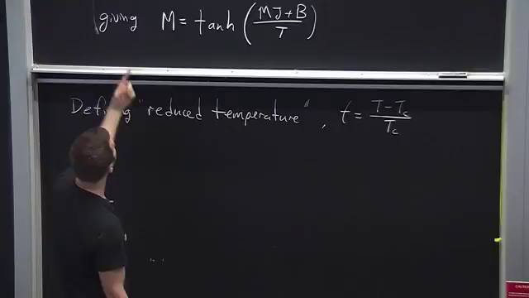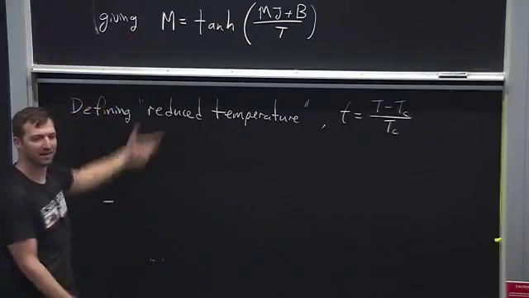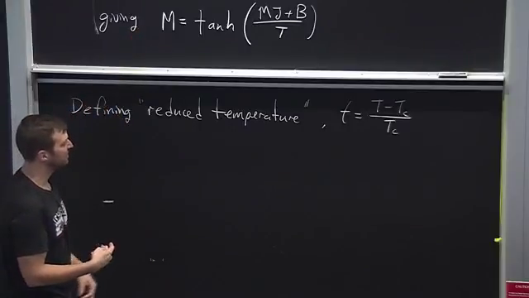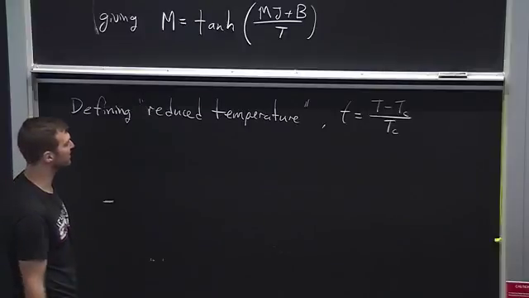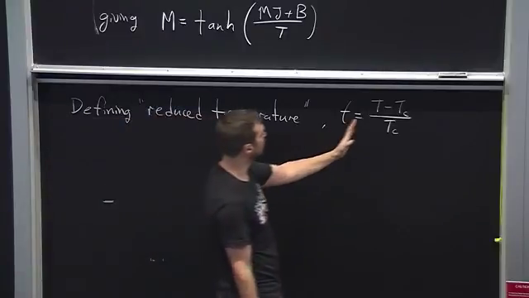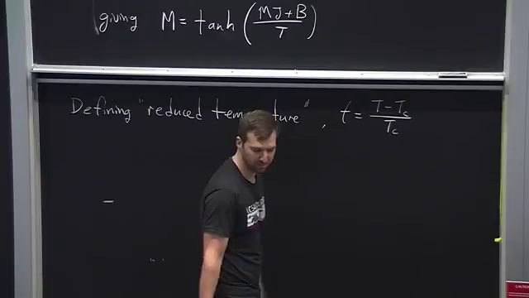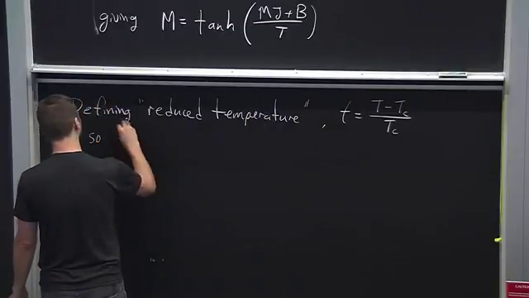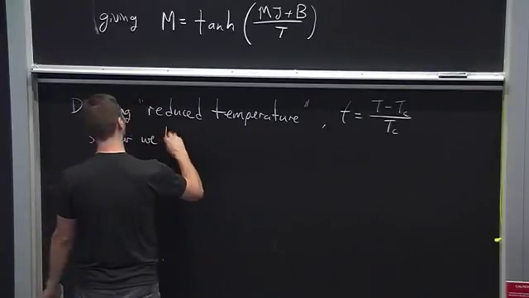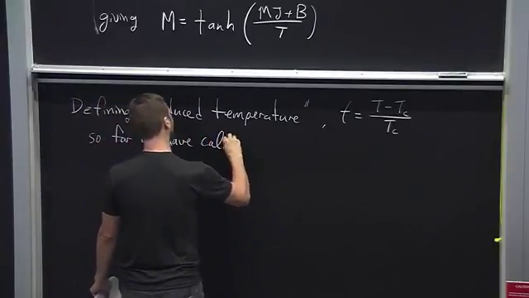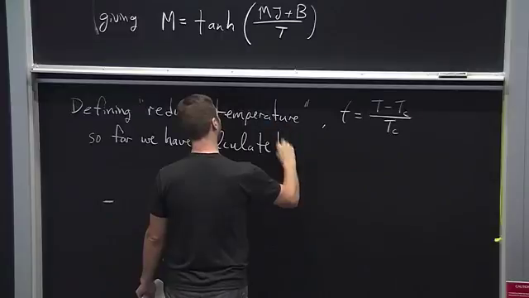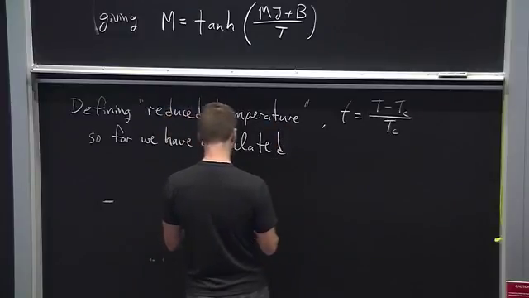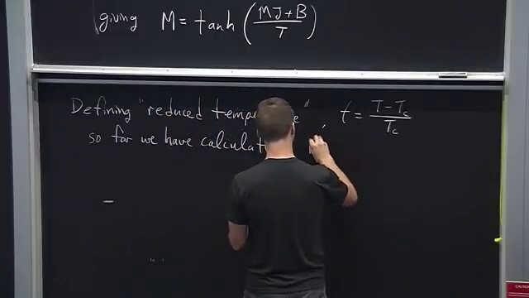It depends on the specific Hamiltonian, how you connect the spins, in a lattice or whatever it is. But the reduced temperature is just your distance from that critical point. And so far, we've calculated the magnetization critical exponent.